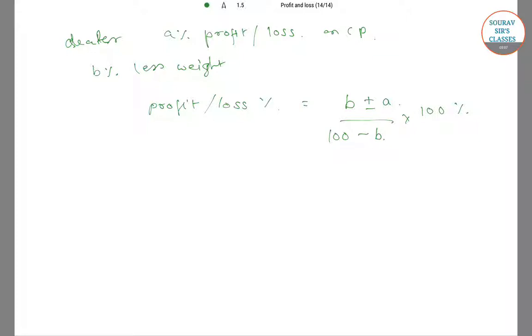And according to the sign of this, there would be a profit or loss percent.